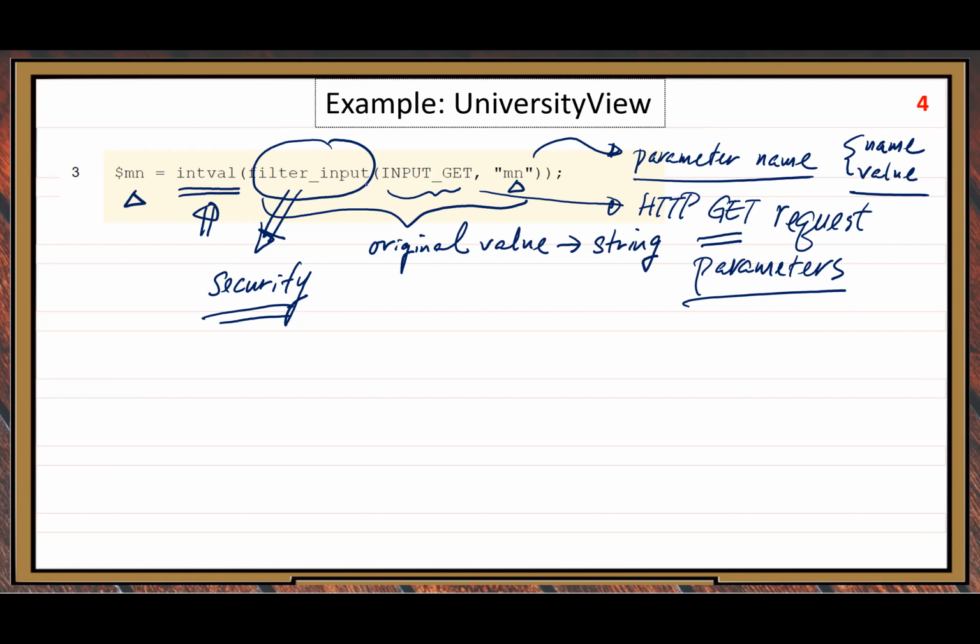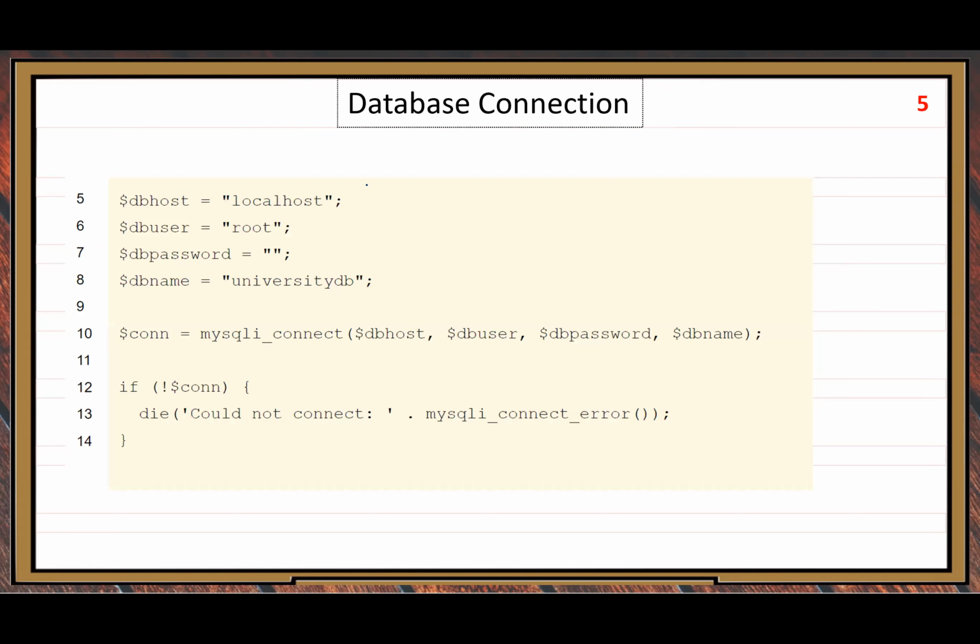All right. So we get a value, and after that we have the MN value. Next, database connection. We need to connect to the database, our university DB. You can see we need to provide appropriate parameters for our database connection.